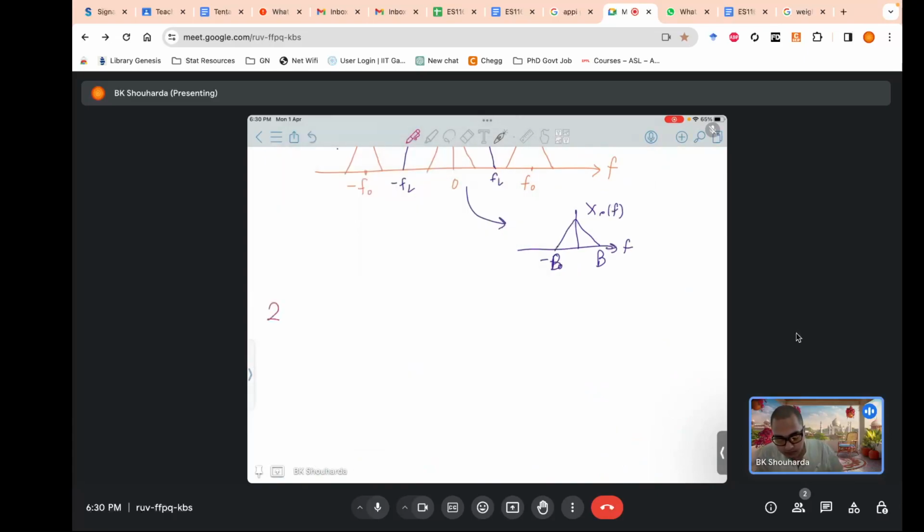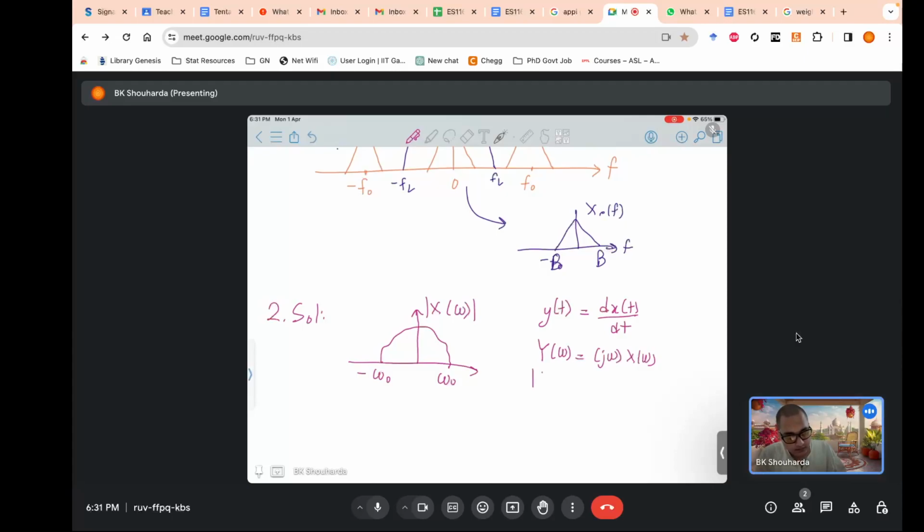We have minus omega naught and omega naught as the highest frequency components of X(omega). Now, y(t) equals dx(t)/dt, so in the Fourier transform we get Y(omega) equals j omega X(omega).